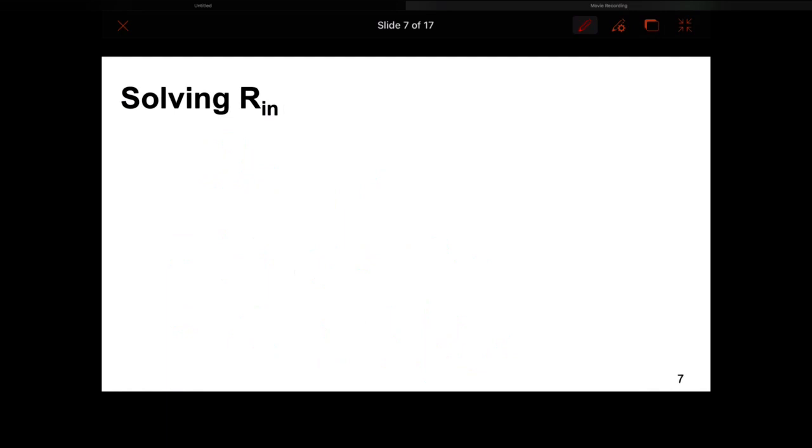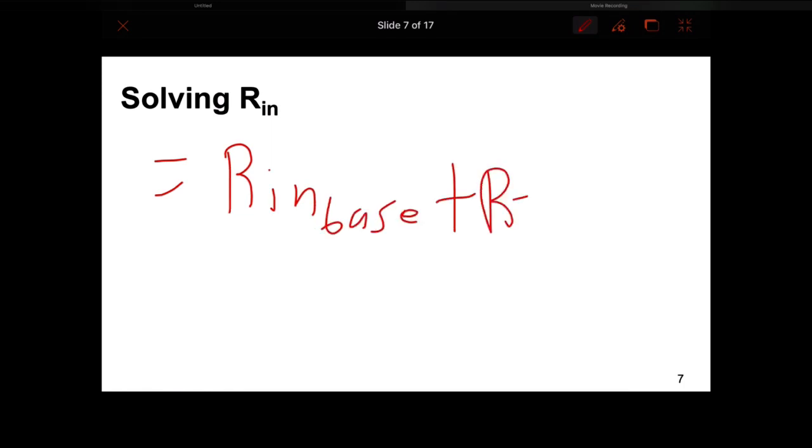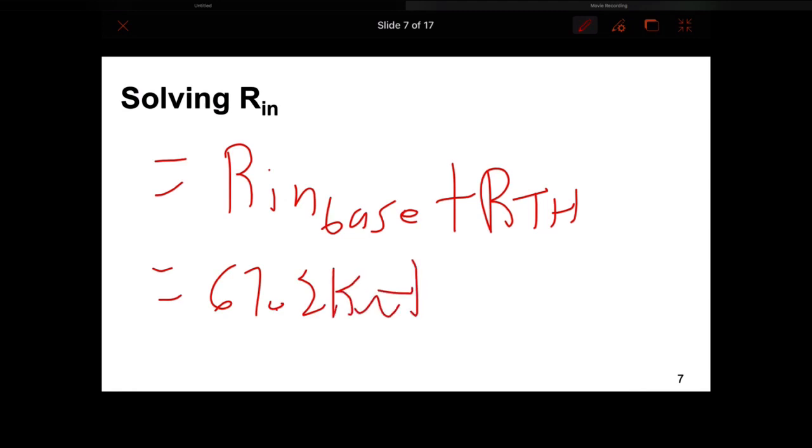Rn is looking into the voltage divider. So that's R in base plus RTH, so that's 67.2 plus the RTH was 16.67.